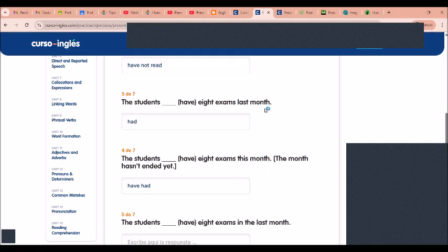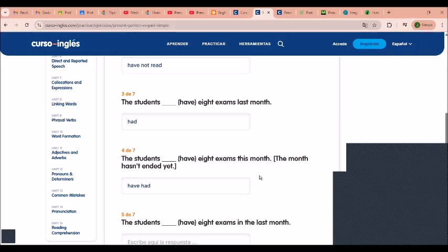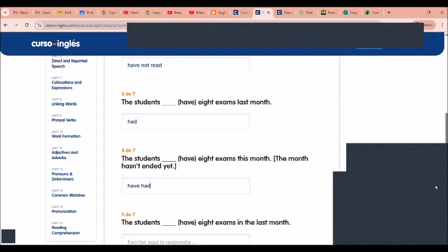So this is the students have had 8 exams this month. Repeat. Again, Caballero Salazar. The students have had 8 exams this month.